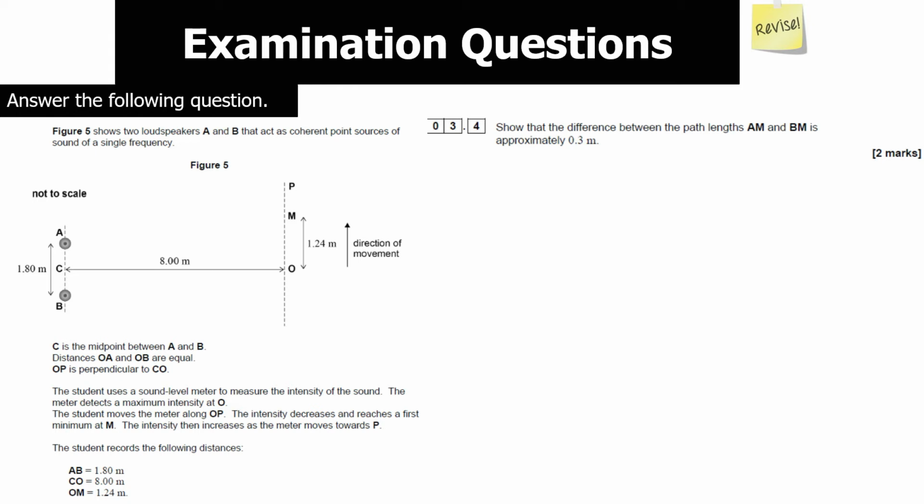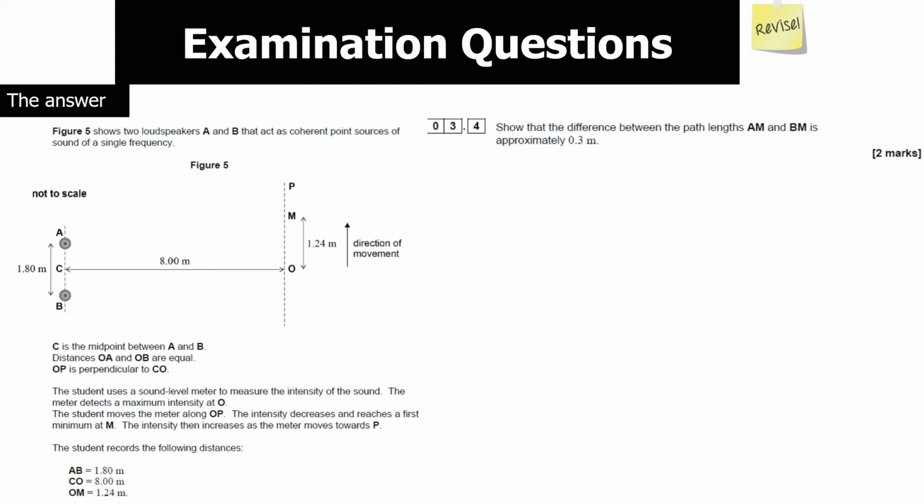The meter detects a maximum intensity at O. The student moves the meter along OP, and the intensity decreases and reaches a first minimum at M. The intensity then increases as the meter moves towards P. The student records AB to be 1.80 meters, CO to be 8.00 meters, and OM to be 1.24 meters. Show that the difference between path lengths AM and BM is approximately 0.3 meters. So pause the video now, then unpause the video when you want to go through your answer.